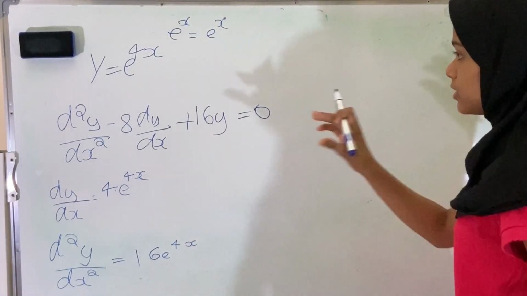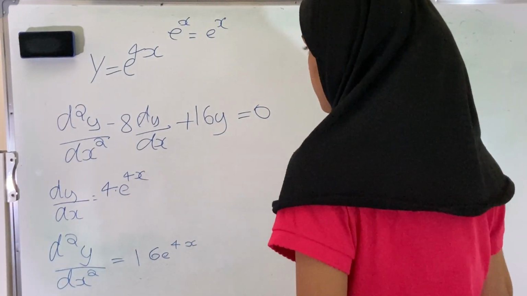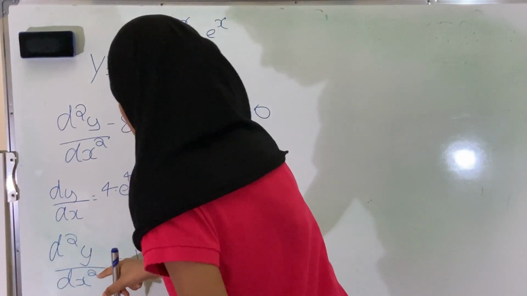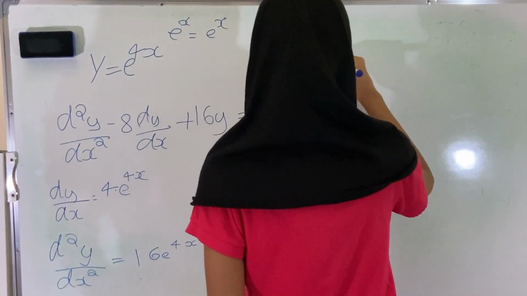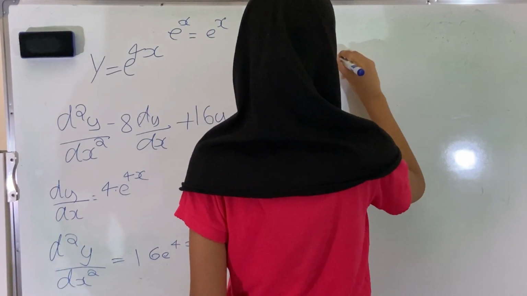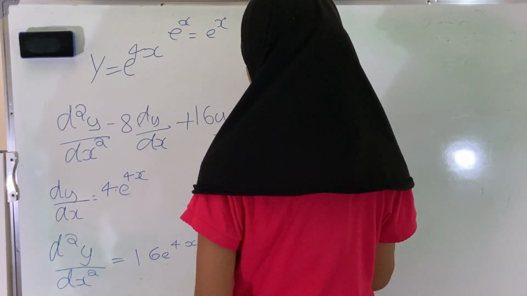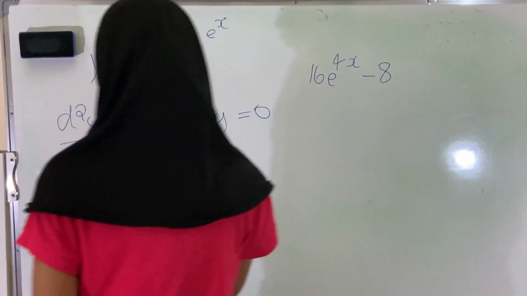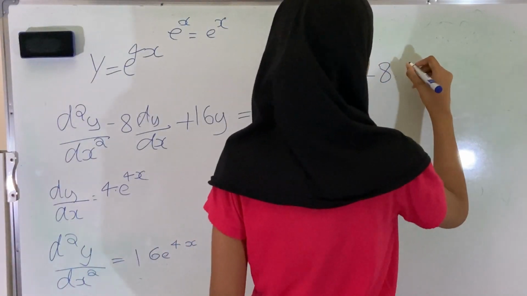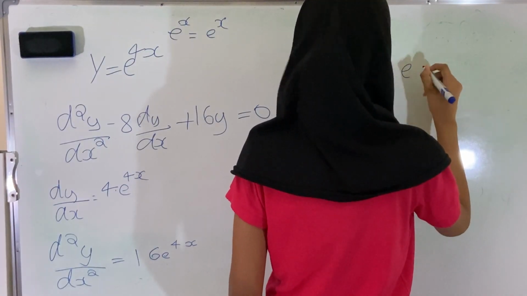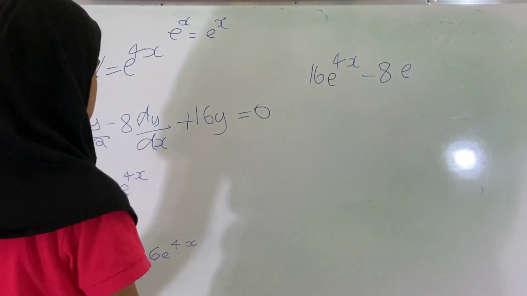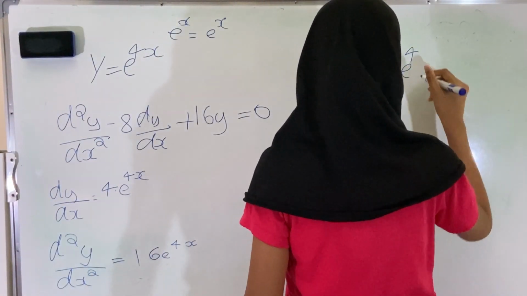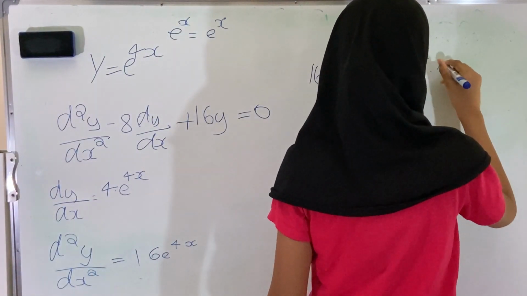So it's d square y by dx square minus 8 into dy by dx. d square y by dx square is 16 e raised to 4x, so 16 e raised to 4x minus 8 into 4 into e raised to 4x. We write the 4 at last because there is already an 8 here, so we can understand it a little more.